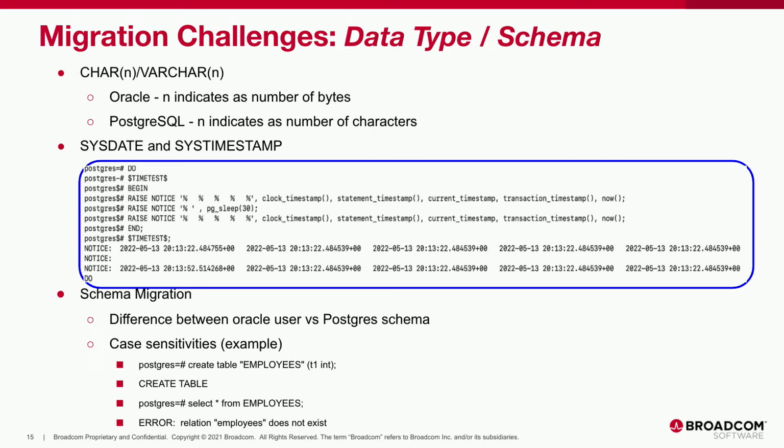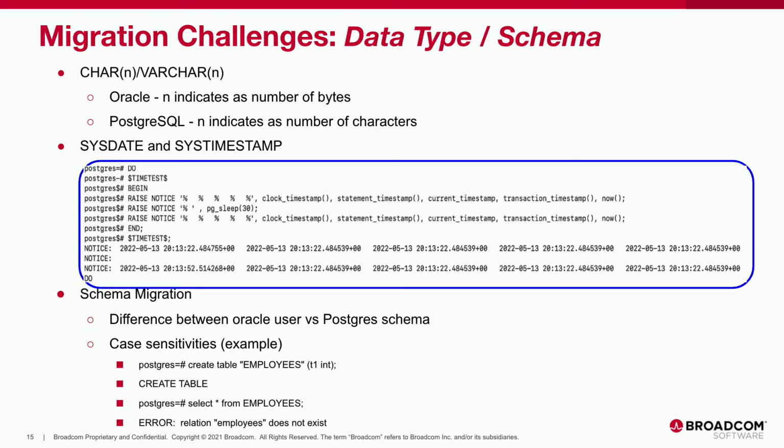But in Postgres, we have similar functions, and there are a lot of functions available, like clock timestamp, statement timestamp, current timestamp, transaction timestamp. Now, a lot of people start using statement timestamp or current timestamp.